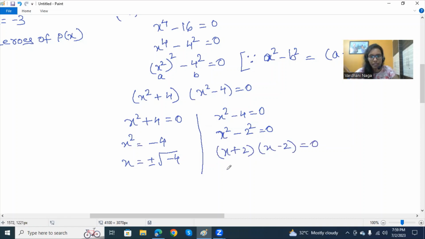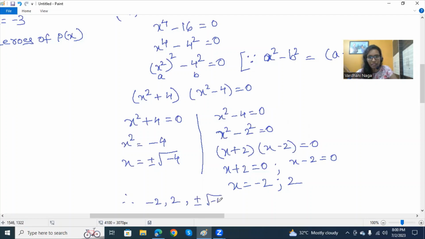So again you can write x plus 2 is equal to 0, comma x minus 2 equal to 0, which gives x values minus 2 here and here x value is plus 2. Therefore, the zeros of the polynomial are minus 2 comma plus 2 comma plus or minus square root of minus 4.